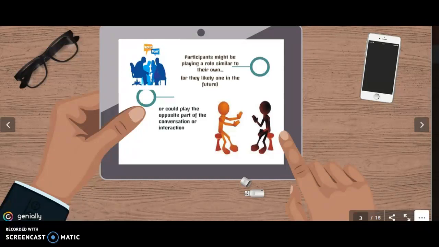Depending on the intention of the activity, participants may be playing a role similar to their own, or one they are likely to have in the future, or could play the opposite part of the conversation or interaction. Both options provide the possibility of significant learning.